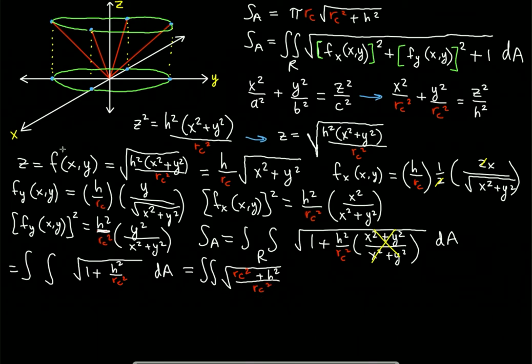So now what happens is we're going to take this out and write it to the left of the outer integral, because this is constant. And notice that we can take rc squared out because the square root of the rc squared is just rc. So you can just write it as 1 over rc.